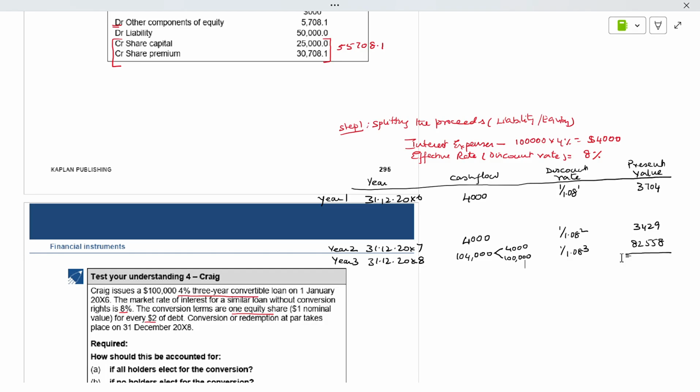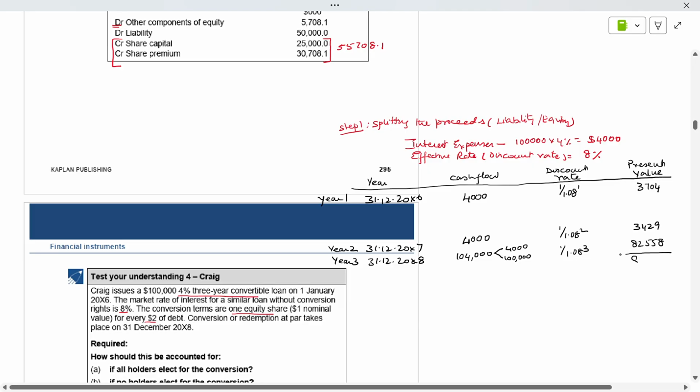How much will you get? 89,691. If you do it in Excel, you will get the rounded exact value.